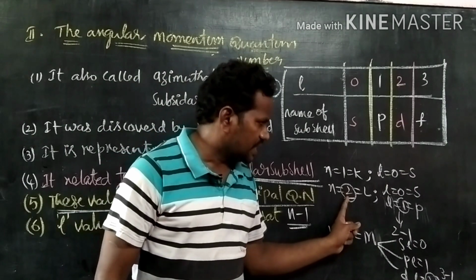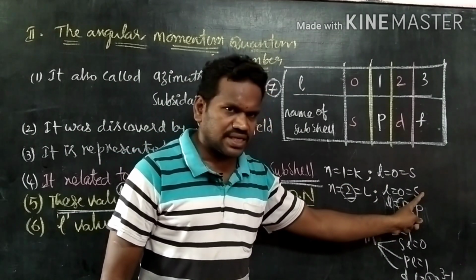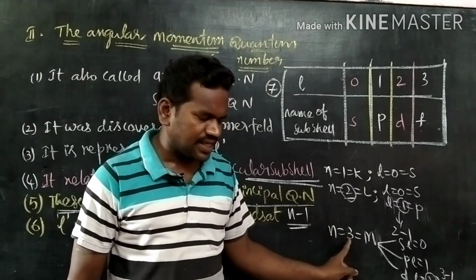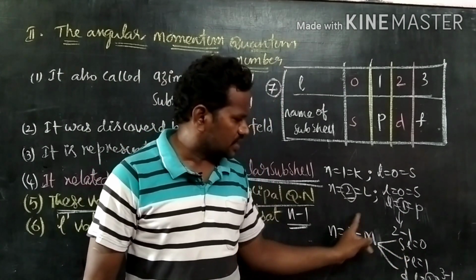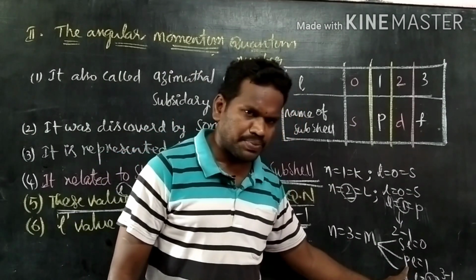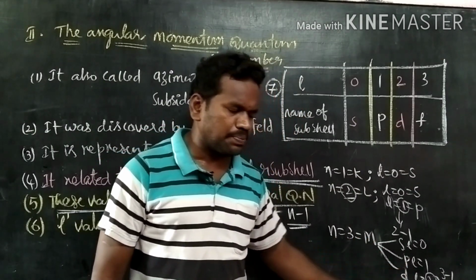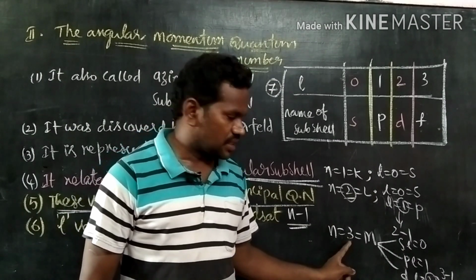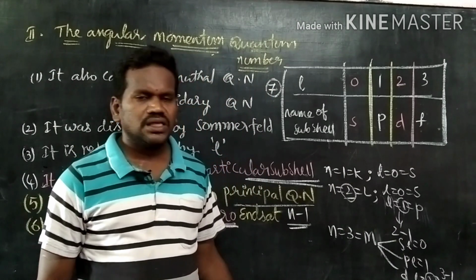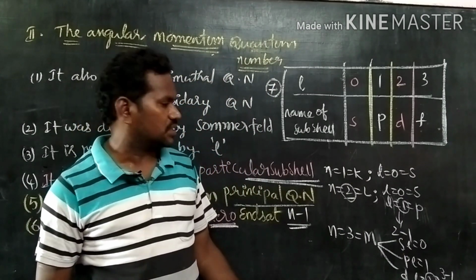In the second main level, S and P are there, so they are called 2S and 2P. In main level 3, S is called 3S, P is called 3P, and D is called 3D. That is the method of representation.